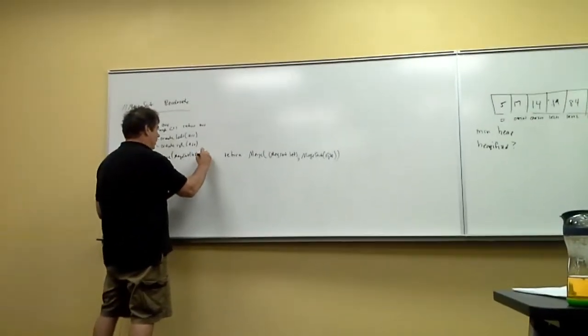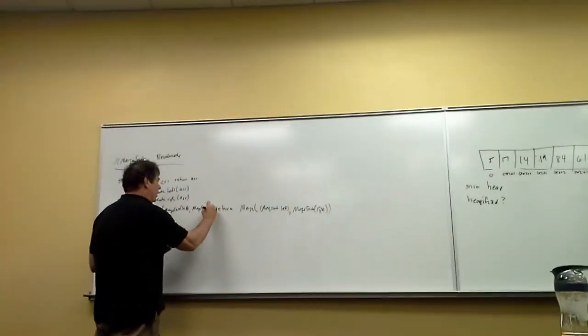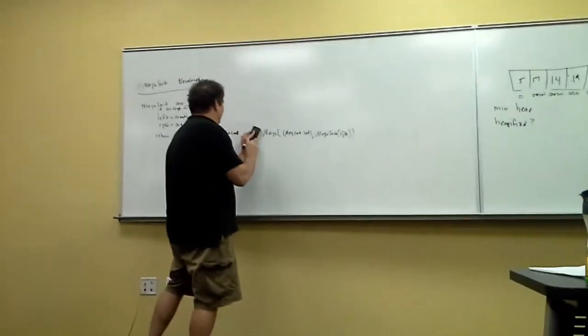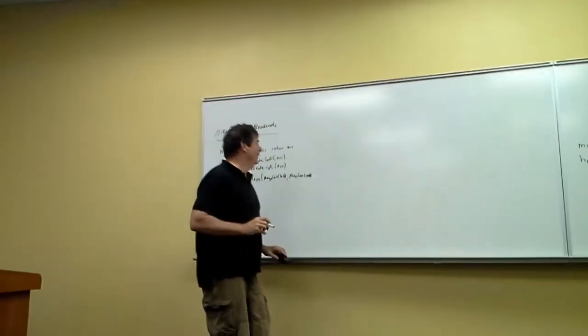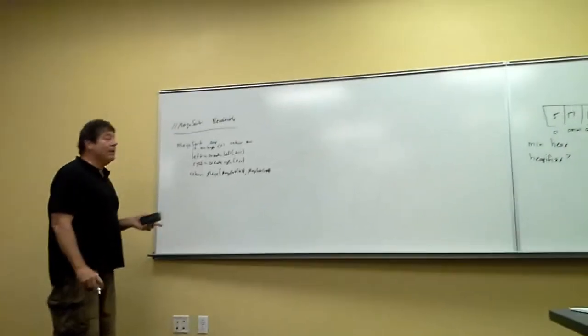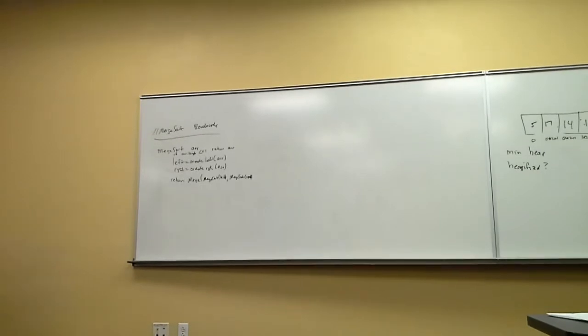It's not a test. We'll just have to memorize the pseudocode, or you can be smart and just understand it. Okay, but that's not enough for you to get full points on your test. What else do we need to do for you to get full points on your test?